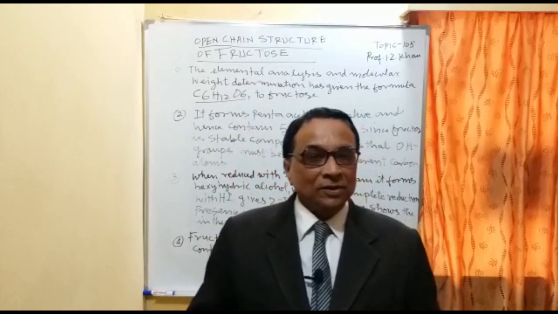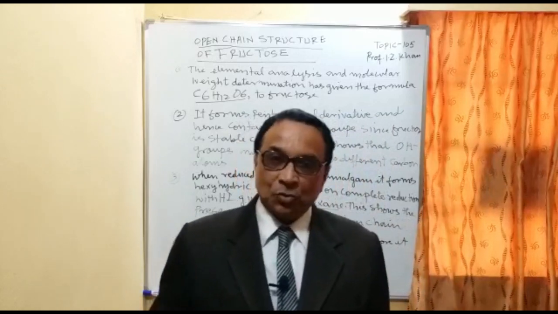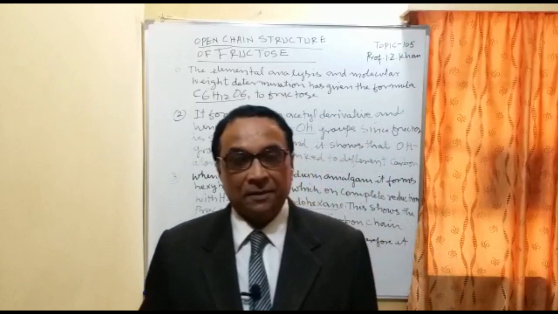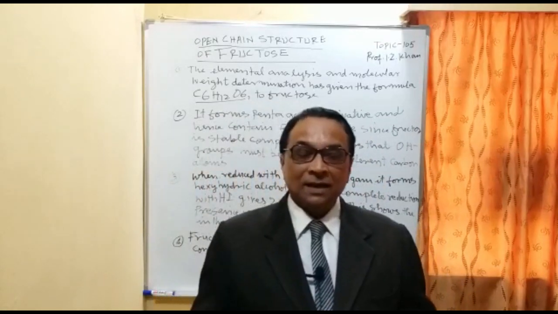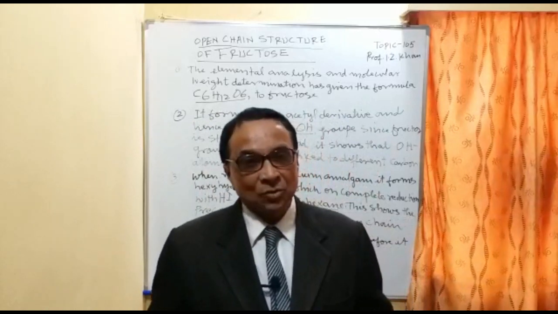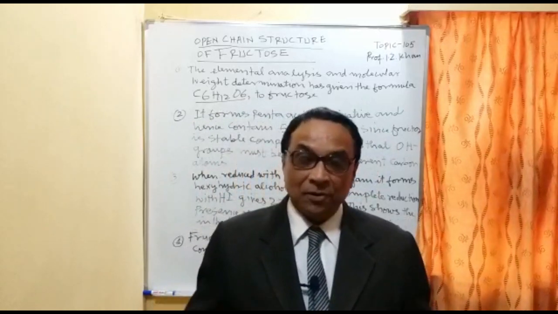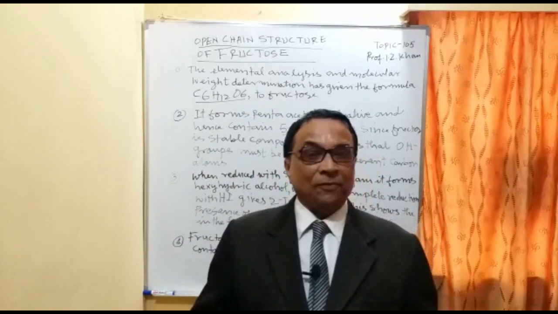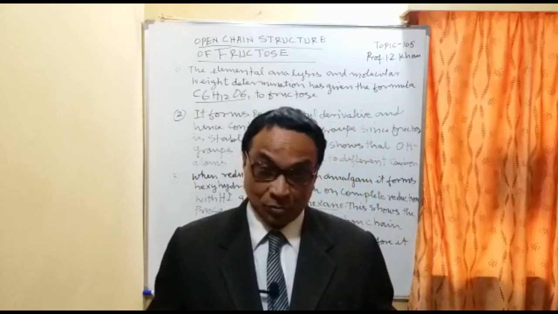Number 2 is when fructose is subjected to acetylation, that is, when it is treated with acetic anhydride, we get an acetyl derivative where 5 of the hydroxy groups are changed into acetate. This confirms that fructose has 5 alcoholic groups, hydroxy groups.